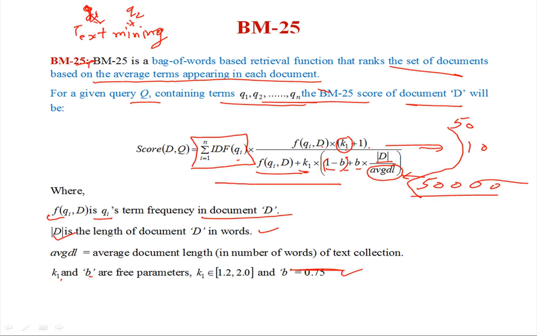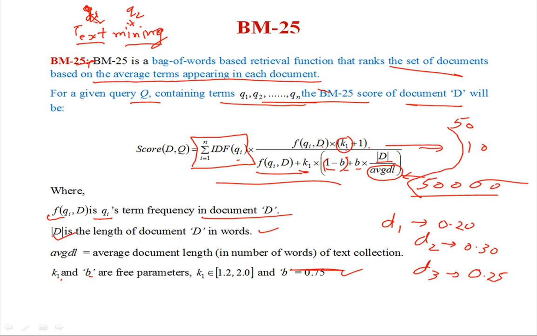And based on the BM25 score, now suppose the words are text and mining. For those words, document D1's BM25 score is 0.25, document D2's score is 0.30, and document D3's score is 0.25.